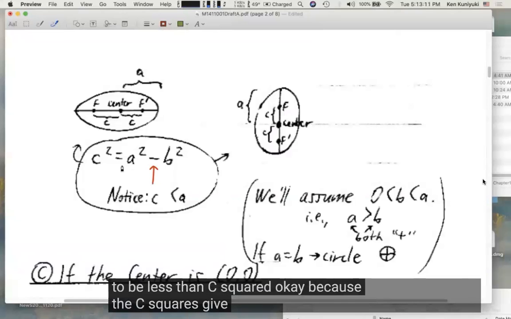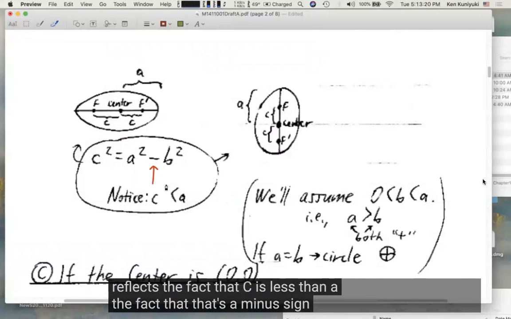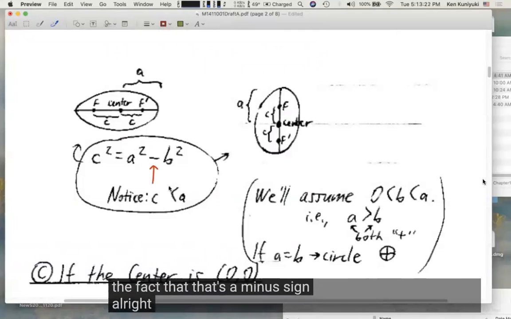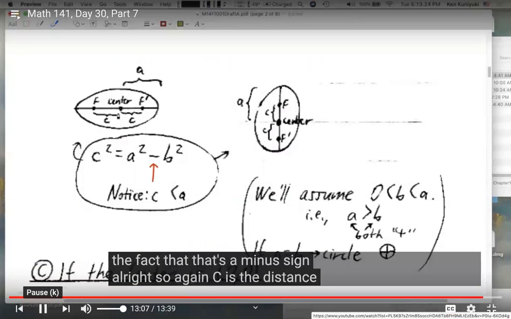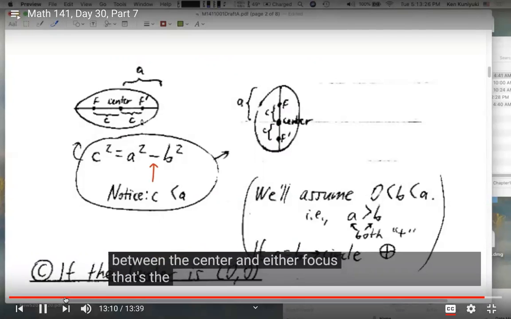Because C squared is going to be A squared minus this positive value here. So this reflects the fact that C is less than A, the fact that that's a minus sign. All right. So again, C is the distance between the center and either focus. That's the case for a horizontal ellipse or a vertical ellipse.